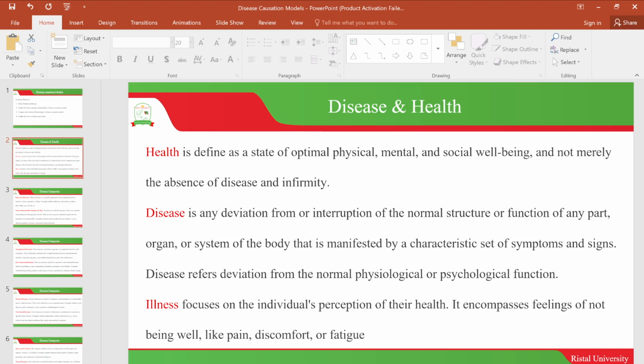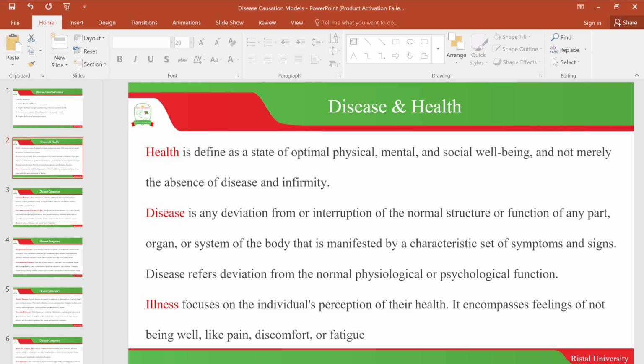We usually prefer to use the definition by WHO that says that health is defined as the optimal state of complete well-being in aspects to do with physical, mental, and social well-being, or psychological well-being, and not merely the absence of the disease or infirmity.